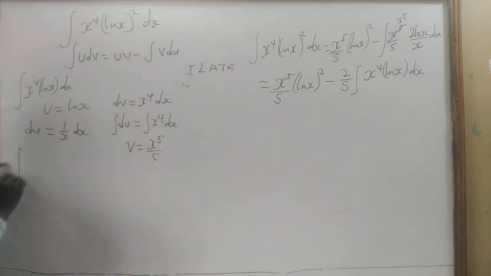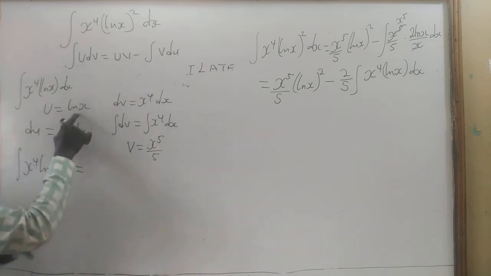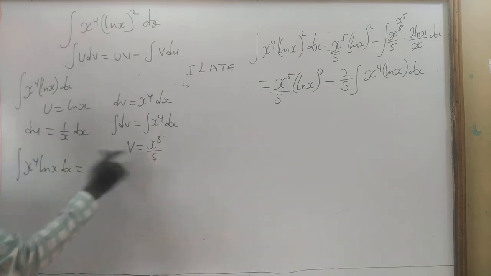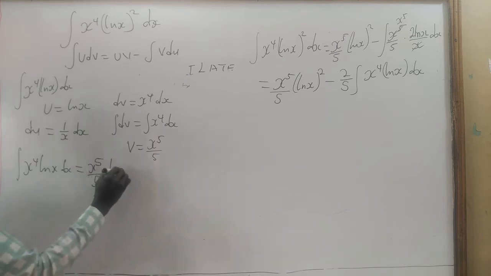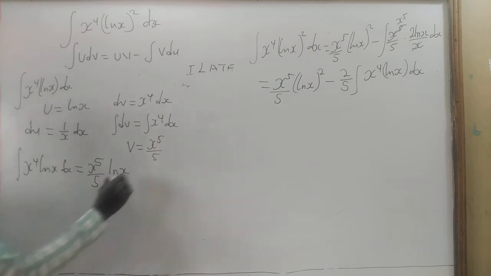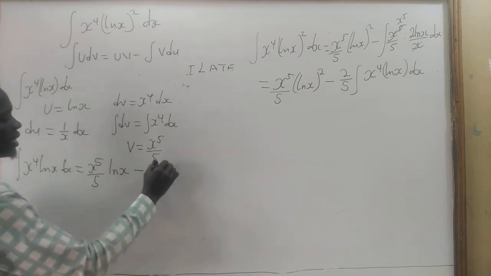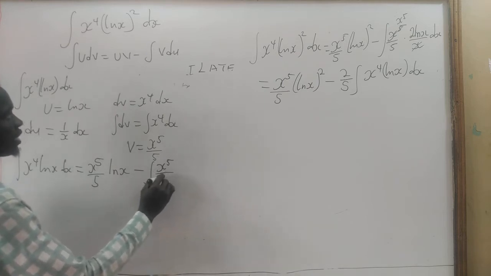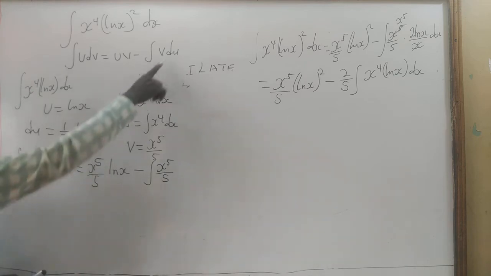So here we have the integral of x to the power 4 times natural log of x dx equal to u, that is natural log of x, times v, x to the power 5 on 5, minus the integral of v, that is x to the power 5 divided by 5, and what is our du?